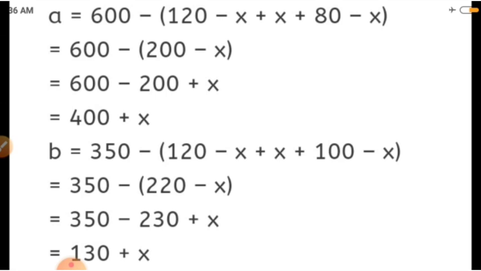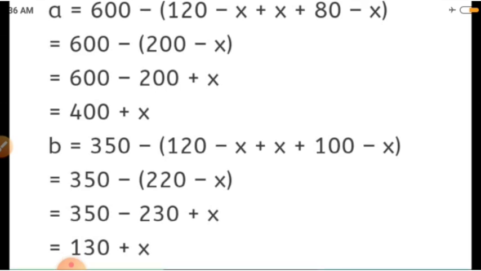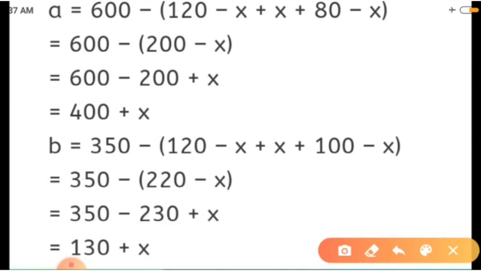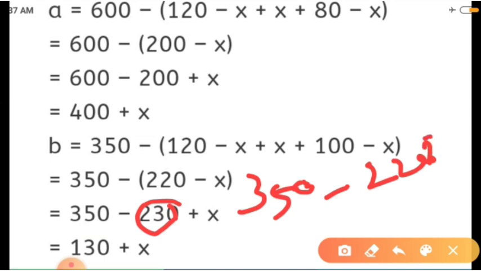That is equal to 350 minus 120 plus 100 is equal to 220, minus x plus x. Next 350 minus 220 plus x.